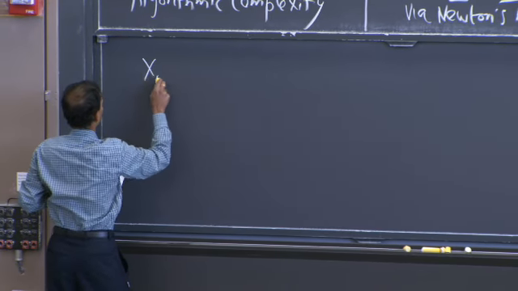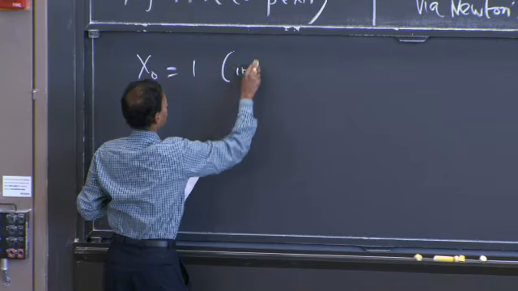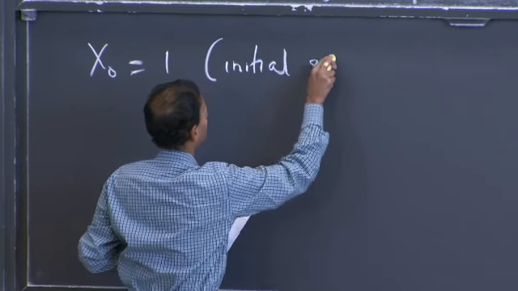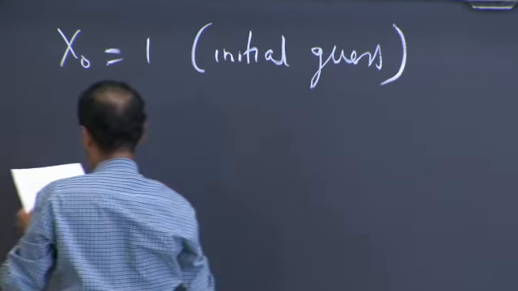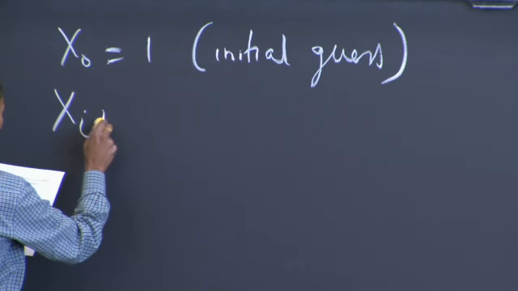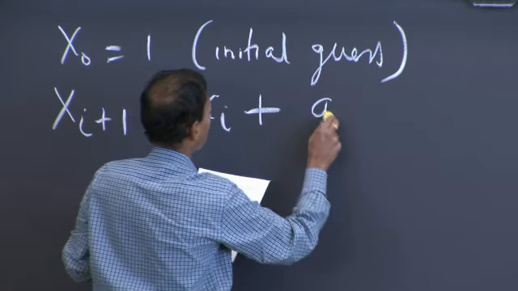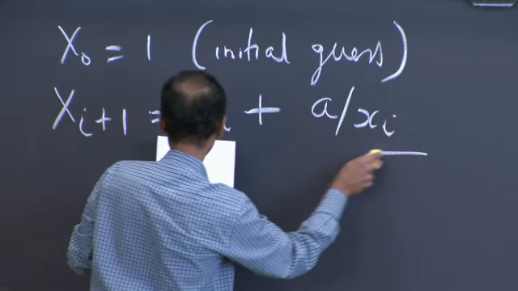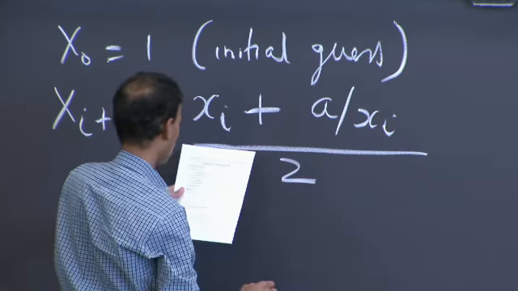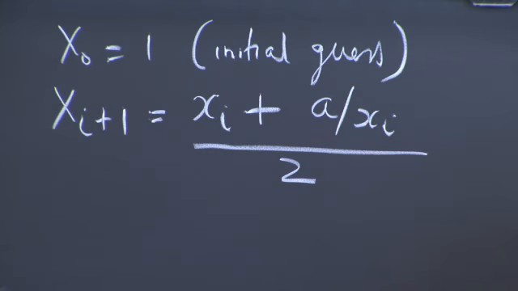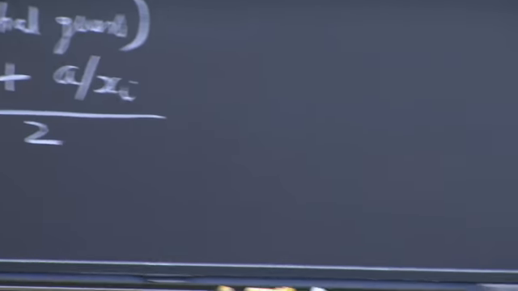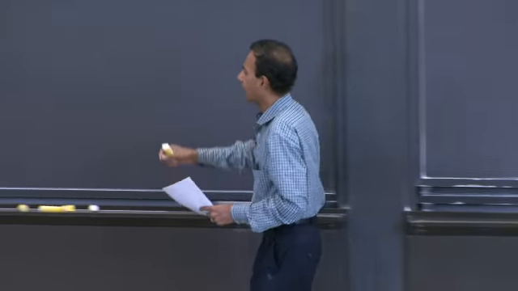You start with x0 being 1, which is your initial guess, and compute x_{i+1} equals (x_i plus a divided by x_i) over 2. And as you can see, this requires division because we're computing a divided by x_i. That's the outer Newton iteration.